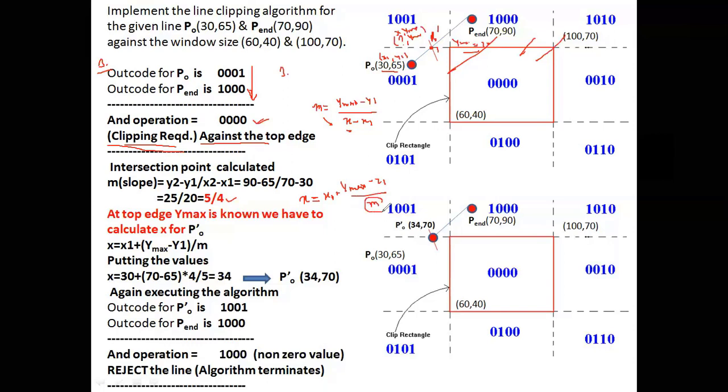And m, we know the slope of a line will remain the same throughout for this line. So m is equal to 5 by 4.